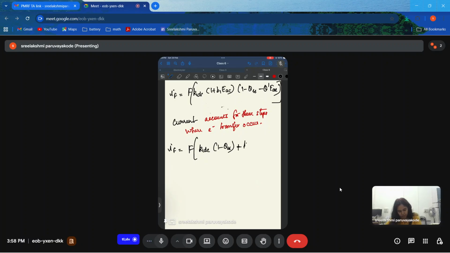EAC is really small, so EAC squared is going to be even smaller.